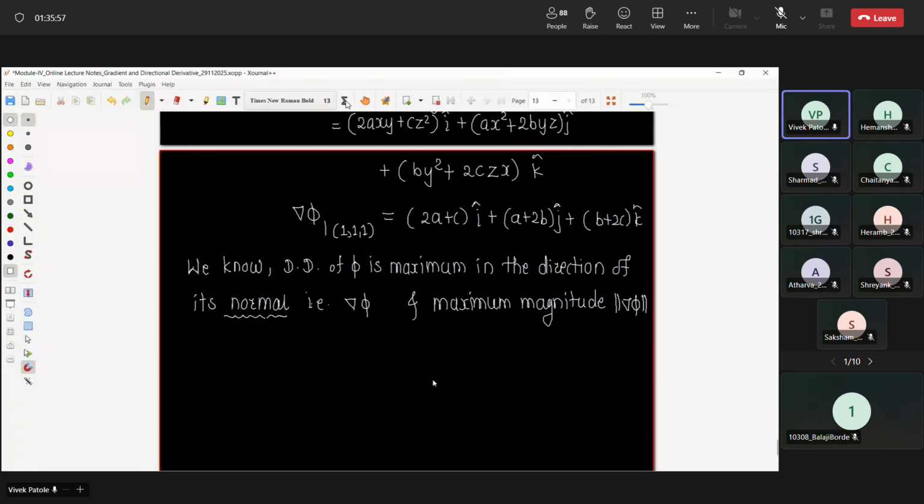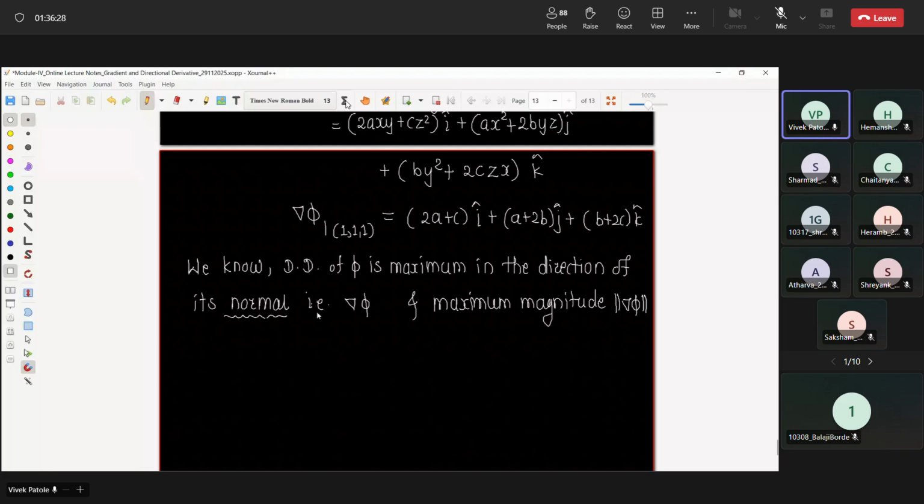Okay, so what do we have here? We wish to calculate the values of a, b, c, and to do that we are going to make use of this: the directional derivative of phi is maximum in the direction of its normal, and the maximum magnitude is the norm of del phi.